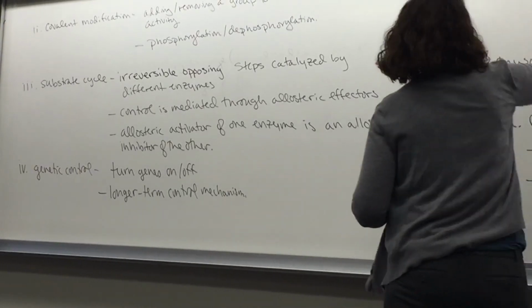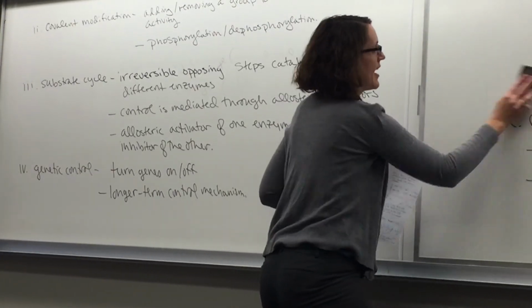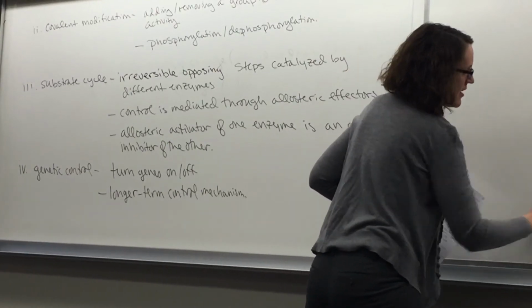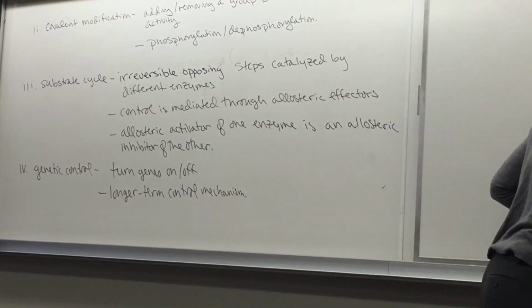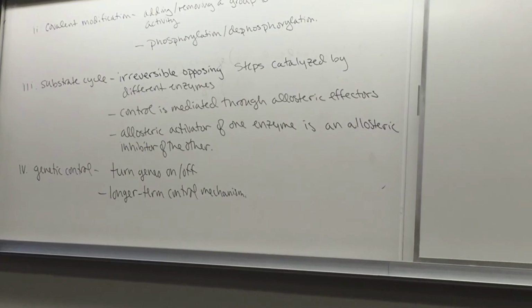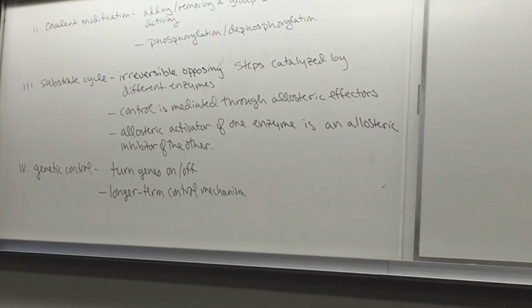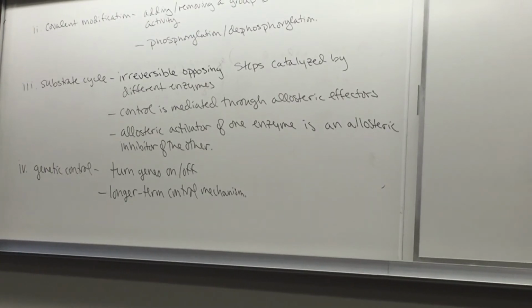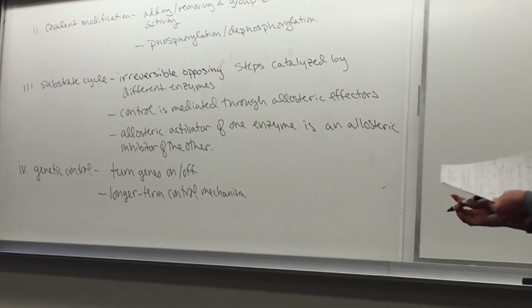So I want to just start, in the few remaining minutes that I have, a section that should be near and dear to your heart. And again, we're just really reviewing some of the basic concepts that you've covered in other classes before, but putting it into context for metabolism at this point in time.